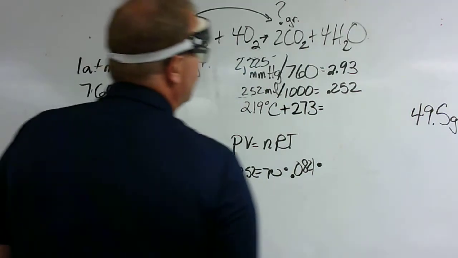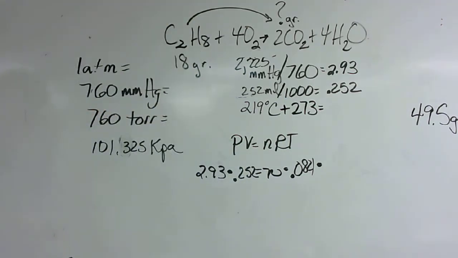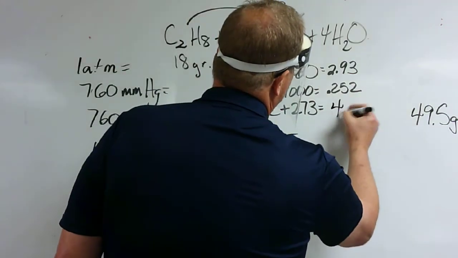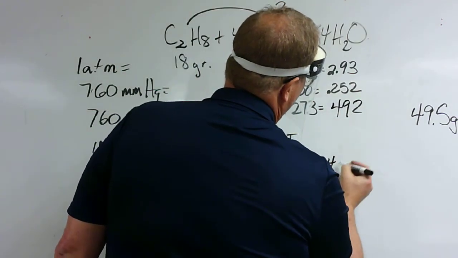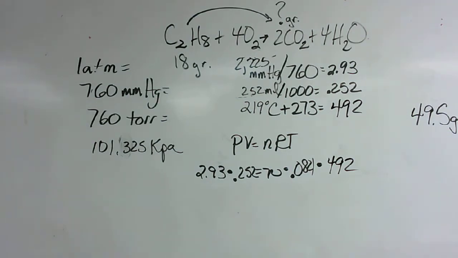And then we're going to add this one up. Let's do this quick. 219 plus 273, 492, which goes here. We have to do all of this in order to figure out what my correct answer is for the CO2.